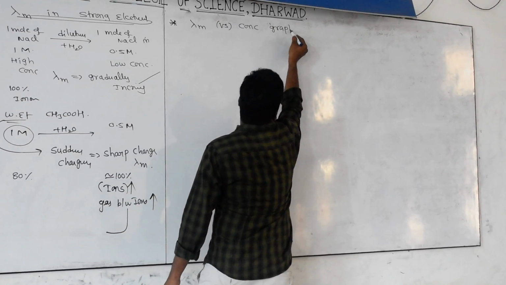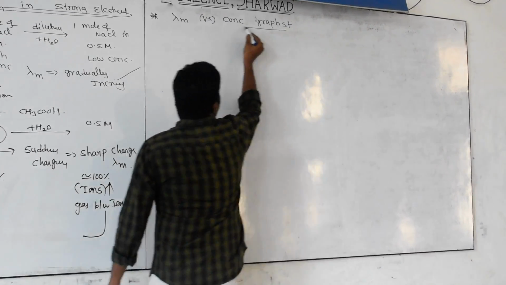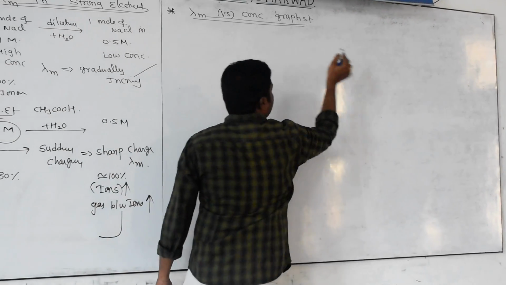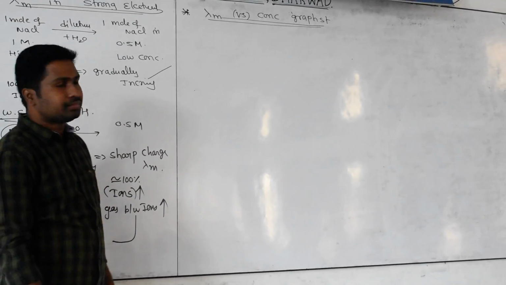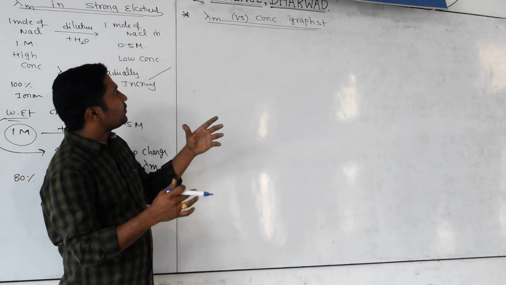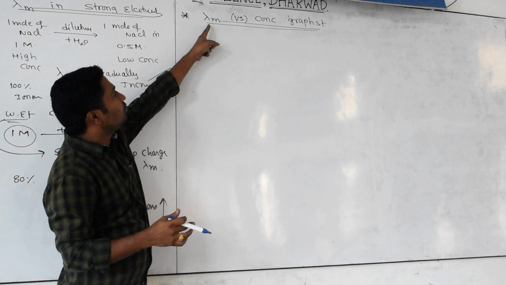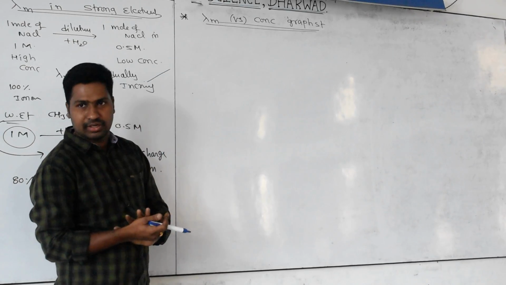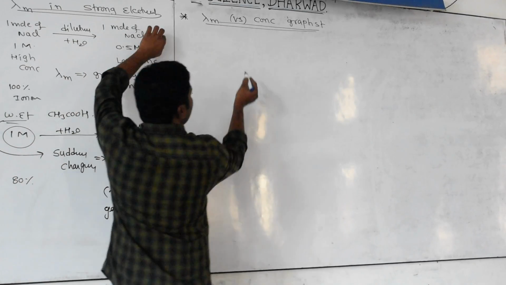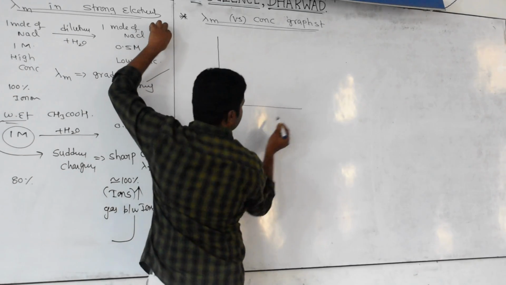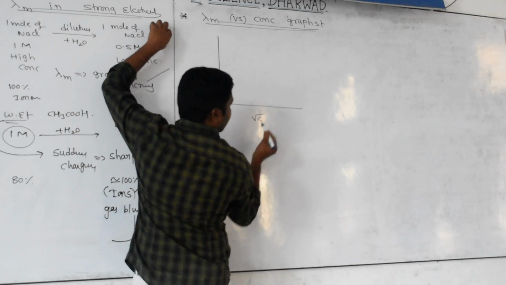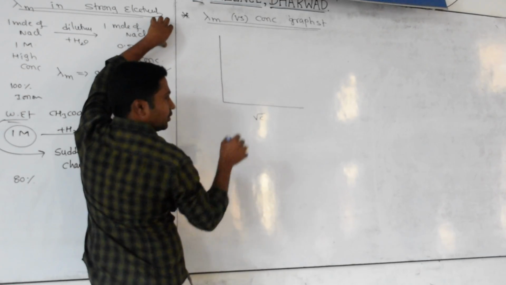This graph was asked in the 2019 board examination for 1 mark. So, what is the graph representation for the change of molar conductivity with concentration? Observe very carefully. First I take the x-axis and y-axis. On the x-axis I take the square root of concentration, or C power 1 by 2.